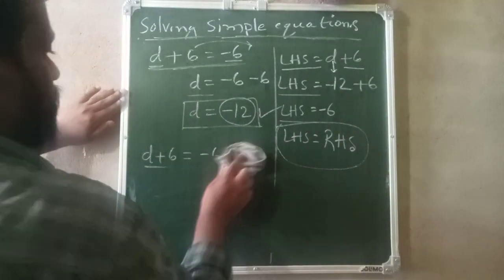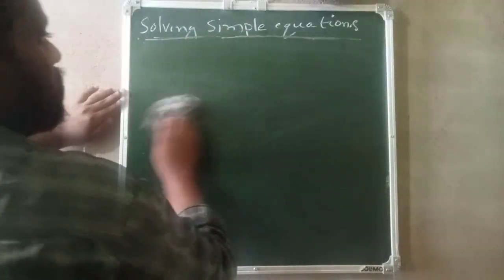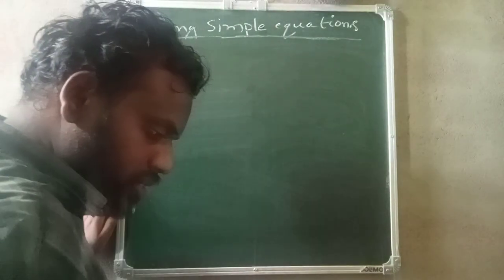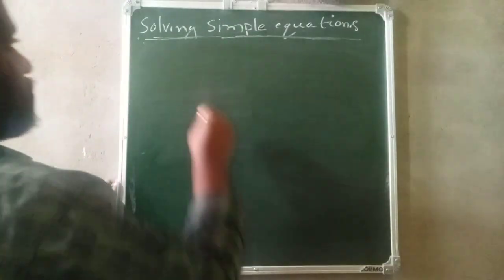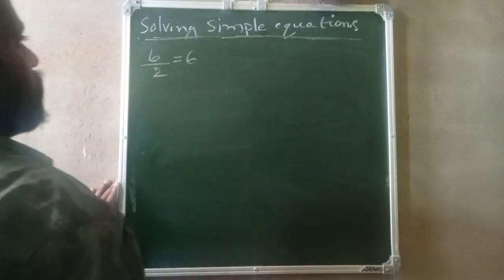Next we will move on to another simple equation. I'll rub this. The other simple equation is b by 2 is equal to 6.